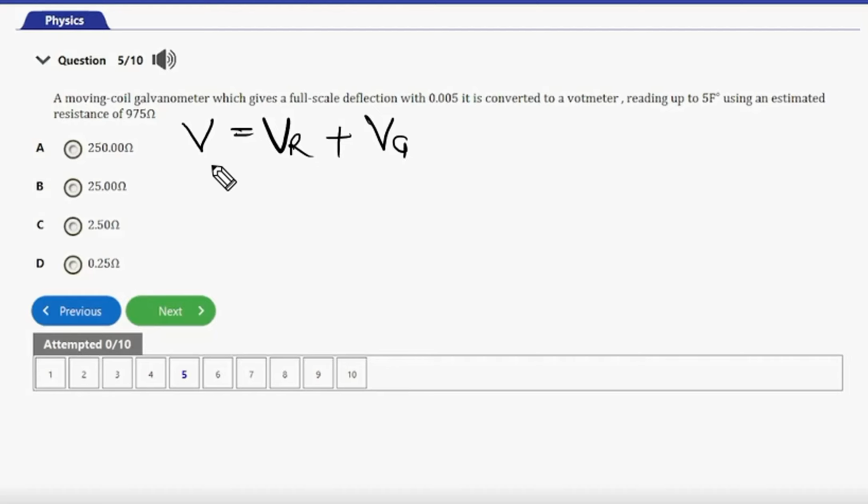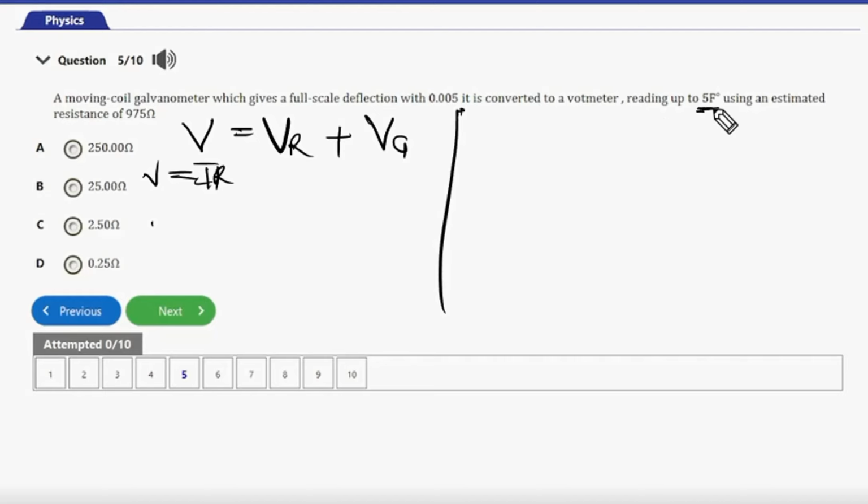So let's also recall that V is equal to IR. So if V is equal to IR, we can replace each of these with the individual currents and voltage for each of them. So in that case, the voltage reading here is already given to be 5, right?